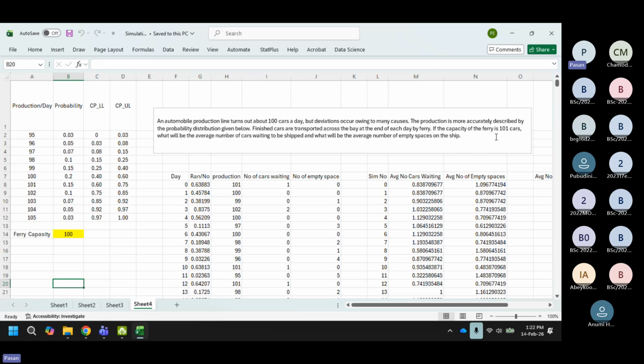So if you have one additional car, you can't transport it, right? So the ferry capacity has to be 101.